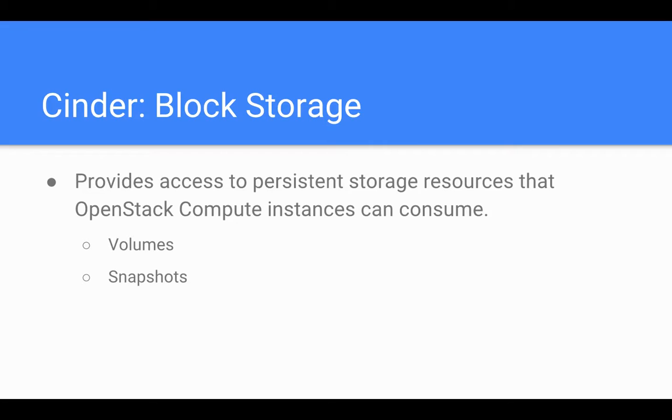So you can have different backups, different snapshots during the volume lifetime. And you can create a volume from a snapshot. So you will have your data ready and historical backups.